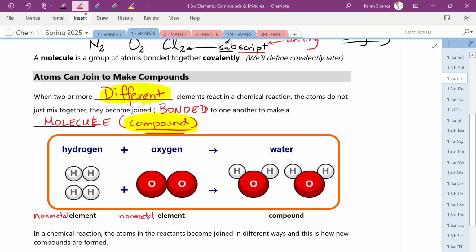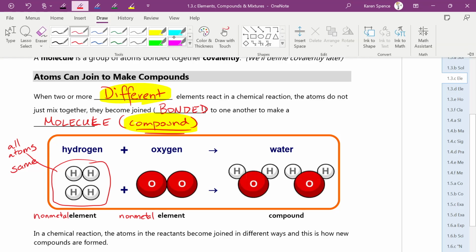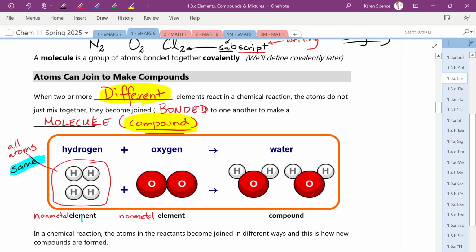And you'll notice that here, all the atoms are the same. And that is why, if all the atoms are the same, it is an element. So hydrogen is an element. All the atoms are white colored balls with H on them. Not in reality, but you get the idea? Okay. Oxygen is an element. How do we know it's an element?